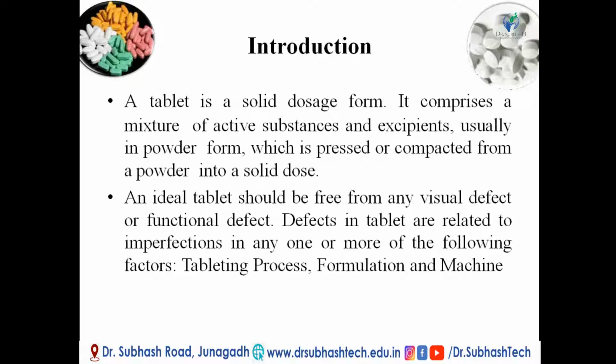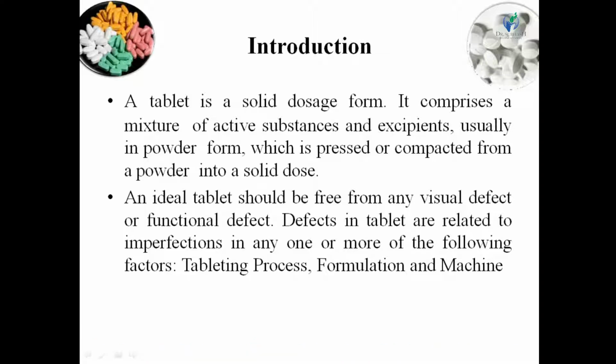What is an ideal tablet? An ideal tablet should be free from any visual defect or any functional defect. Which types of defects are present on tablets? Defects in tablets are related to imperfection in any one or more of the following factors: the tableting process, formulation factors, and machine related problems.